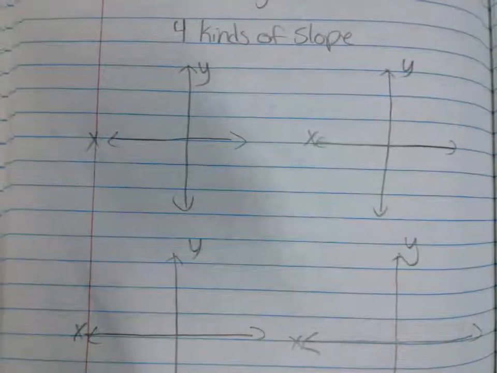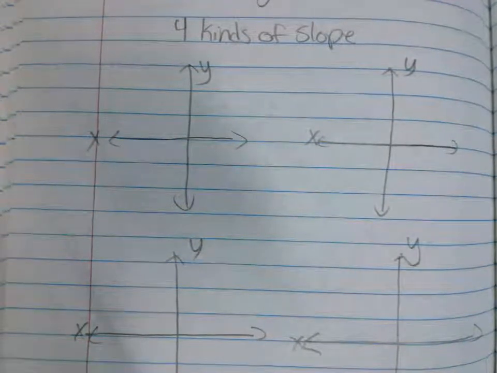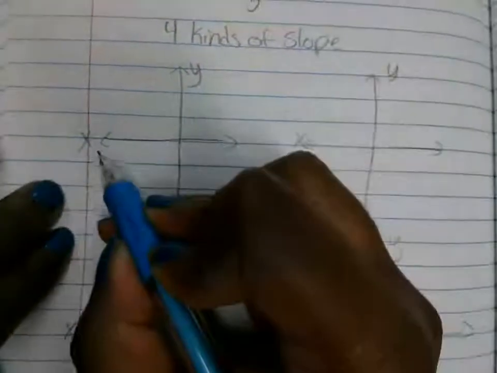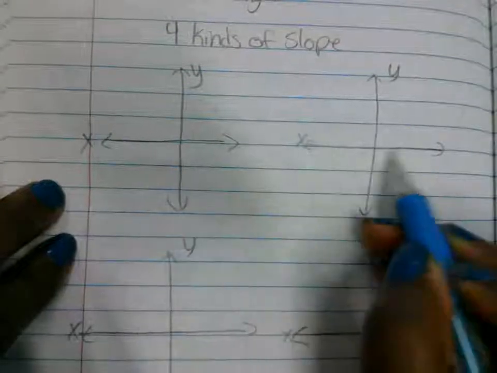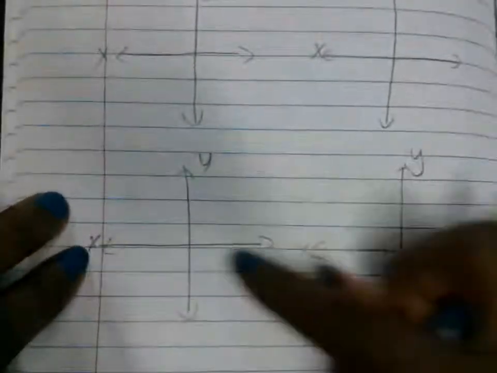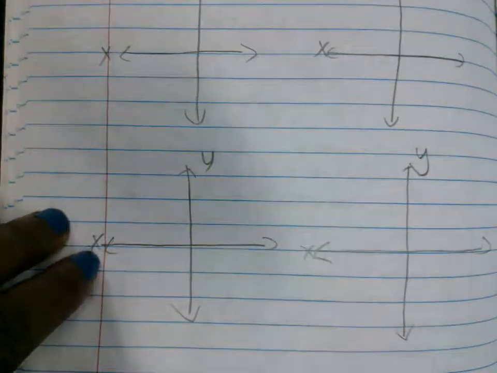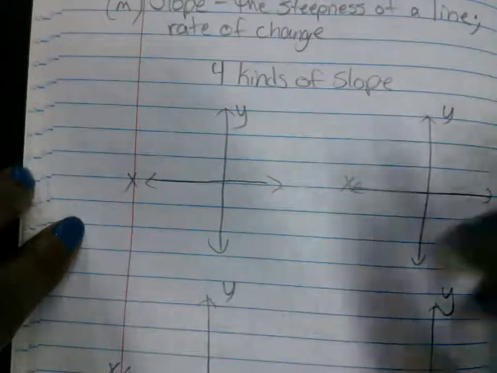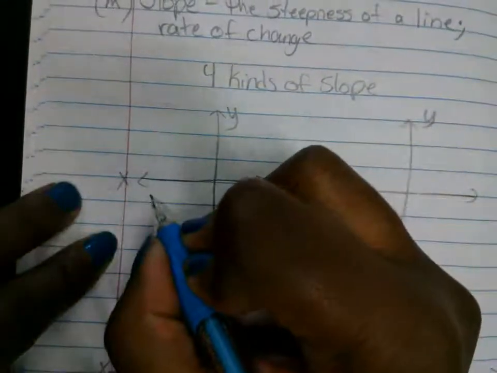Okay? From left to right, as your x increases, and on all of these, of course, in every graph, x is always going to increase. Remember, that's your independent variable. It does not fluctuate. It's not going to go backwards in time. Okay? So as x increases, y increases.